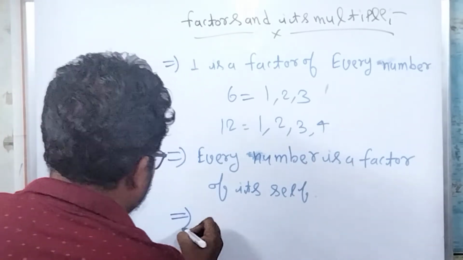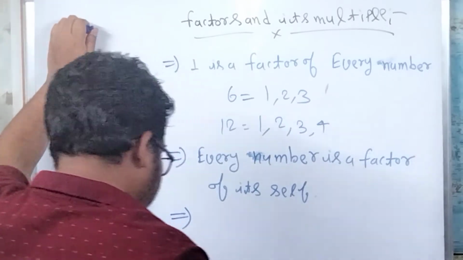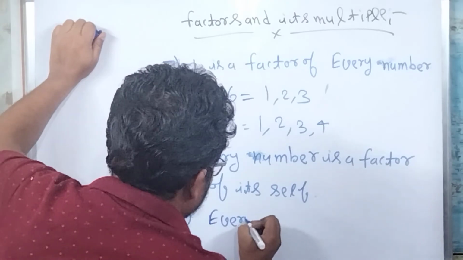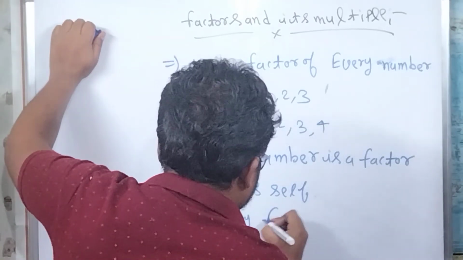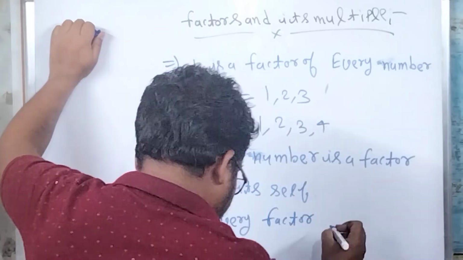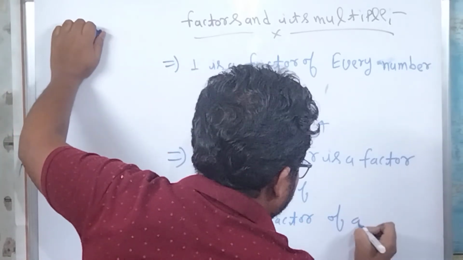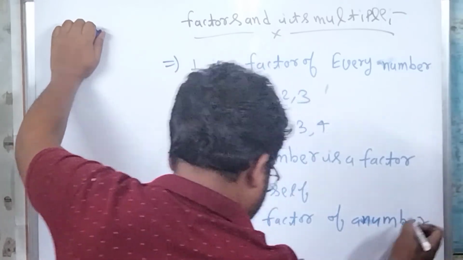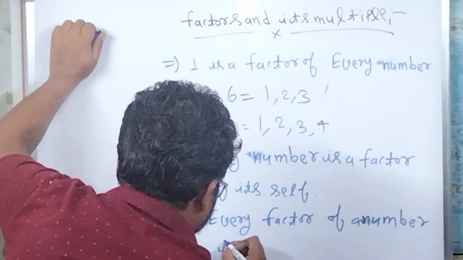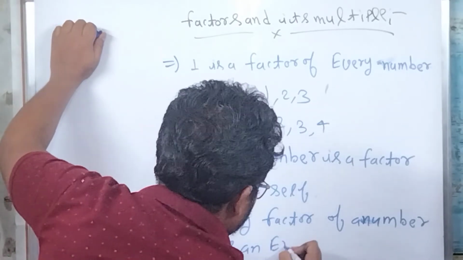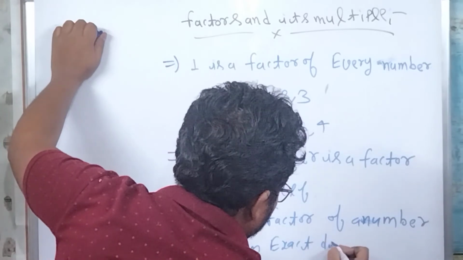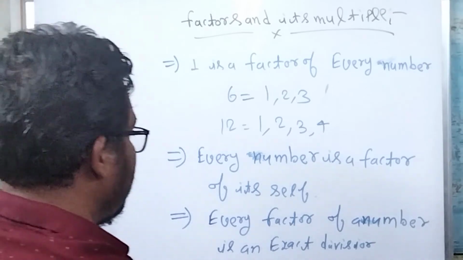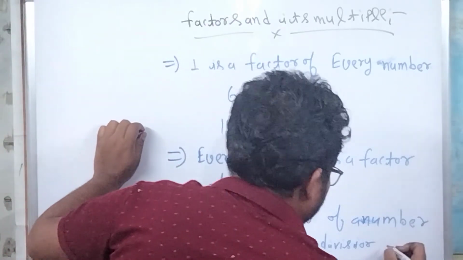Next, every factor of a number is an exact divisor of that number. Every factor of a number is an exact divisor of that number.